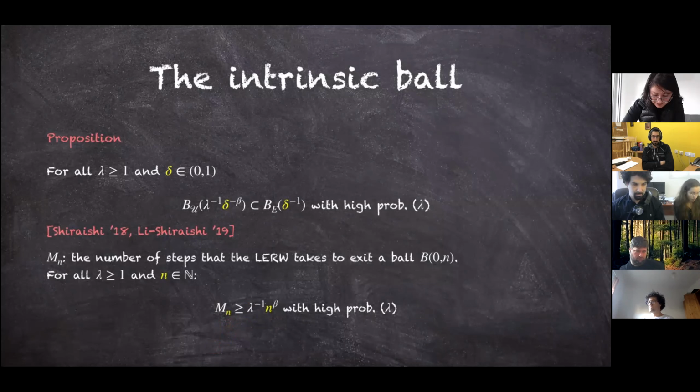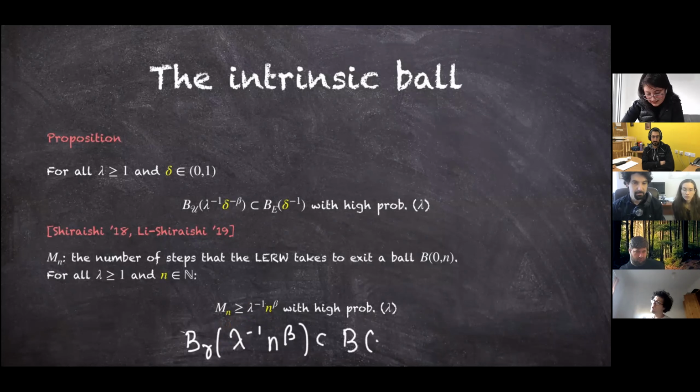So what it means is that if I consider the corresponding intrinsic ball for the Lupus random walk, let's call it B sub gamma, this ball, lambda to the minus 1 n to the beta is contained in B sub n, the Euclidean ball, if I were just to consider a ball for the Lupus random walk. So I want to upgrade this estimate from just one path to many paths.